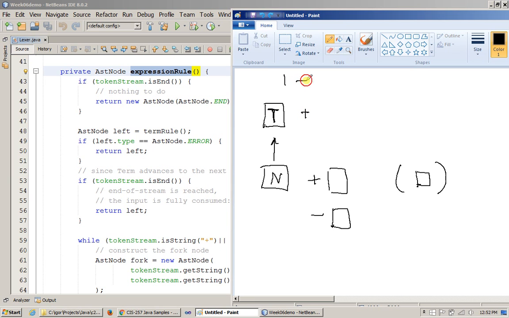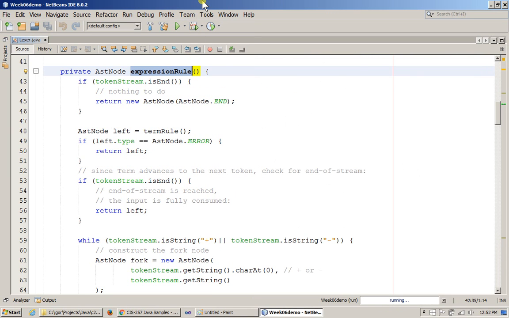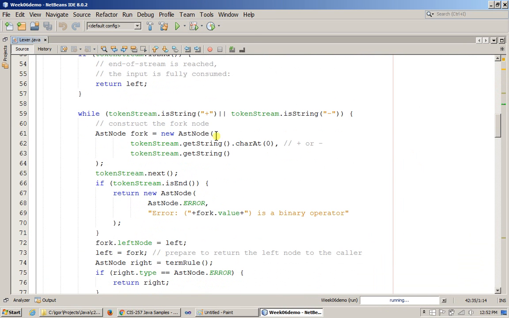But if we have more elements, 1 plus 2 plus 3 and so forth, then we consider the first number to be just the left-hand side, and we continue with this expression, and if there is a plus or minus that follows, then we create a fork node, right?